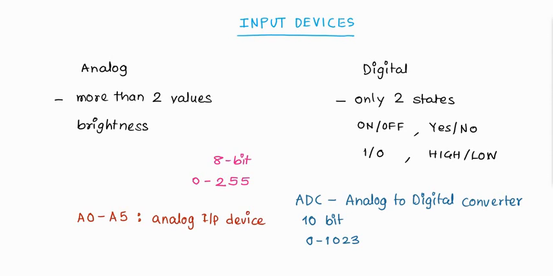If we have a digital input device, we can connect it to pin number 2 to 14. We avoid pin number 0 and 1 because 0 and 1 pins are used as serial pins.